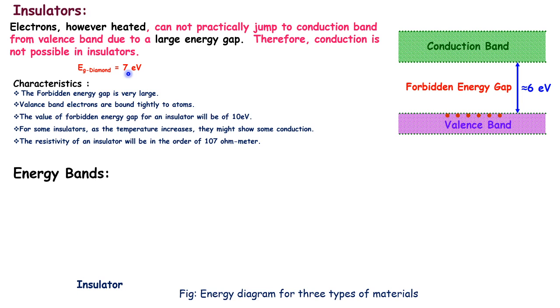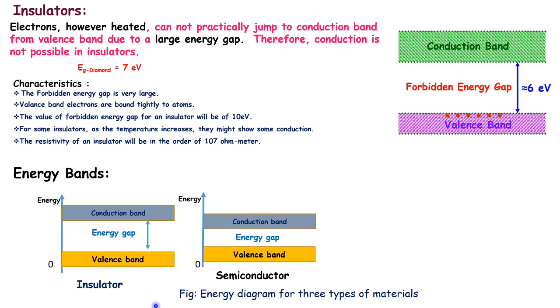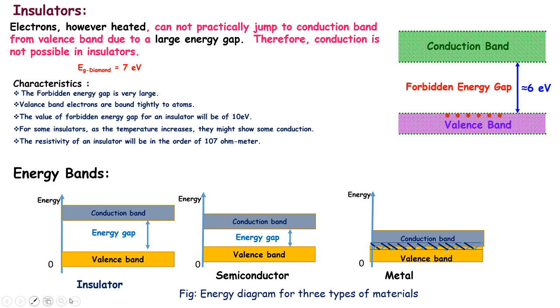The band diagram we are going to discuss. This is the energy diagram of three types of materials, that is insulator, semiconductor and conductor or metals. In this band diagram, the valence band and conduction band have a large energy gap in an insulator, so it offers very high resistance, and that is why these materials are not good conductors of electricity.